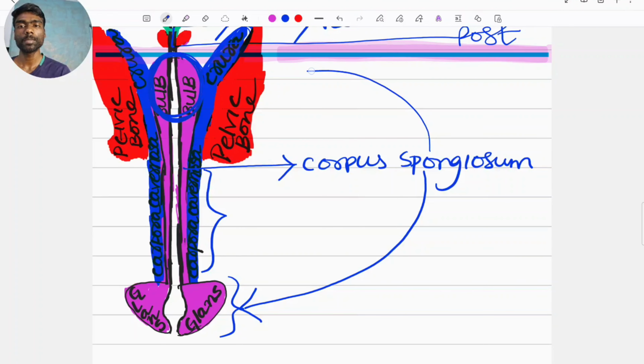The bulb is nothing but the proximal dilatation of the corpus spongiosum. Here you can see an enlargement in the glans, a urethral enlargement, the fossa navicularis. The entire shaft of the penis and glans penis has the urethra called the penile urethra or spongy urethra.